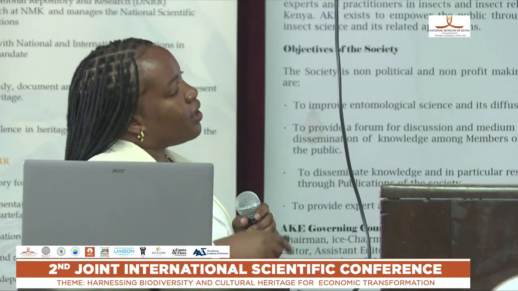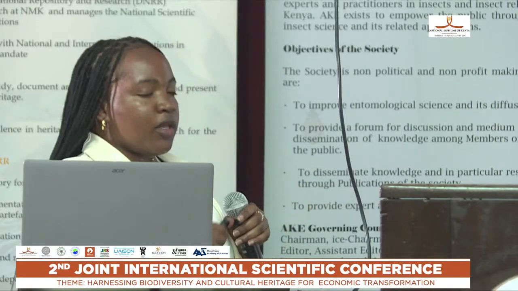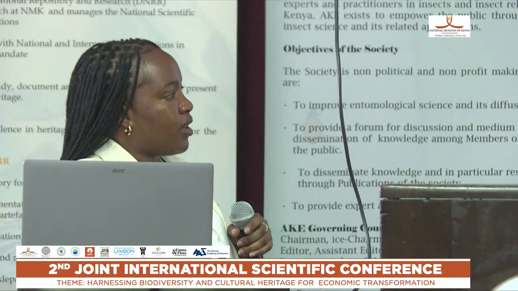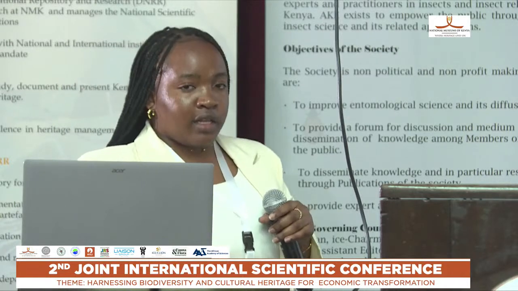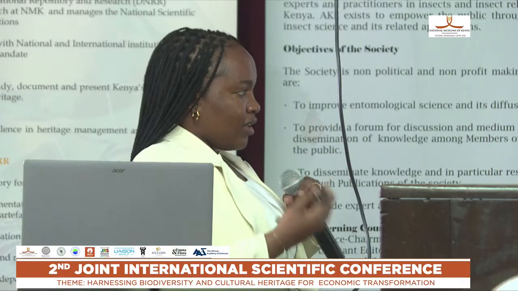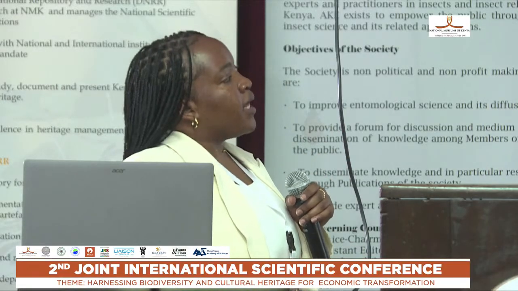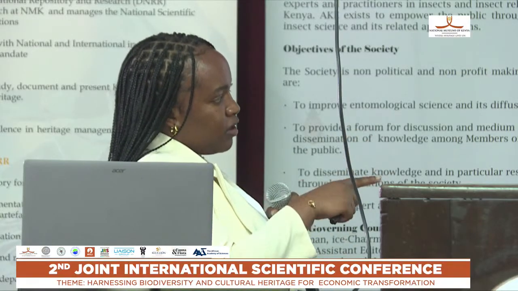Then, with all the information from field surveys and herbarium records, we carry on to do our Red List assessments, whereby we apply IUCN Red List categories and criteria, which will later give us the status of each species that we assess. This will then help us map distribution for each species.